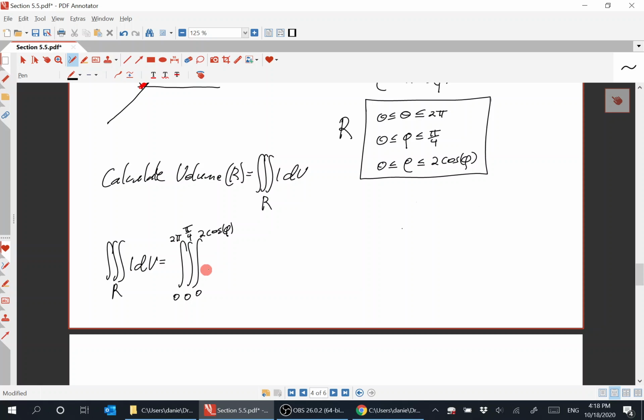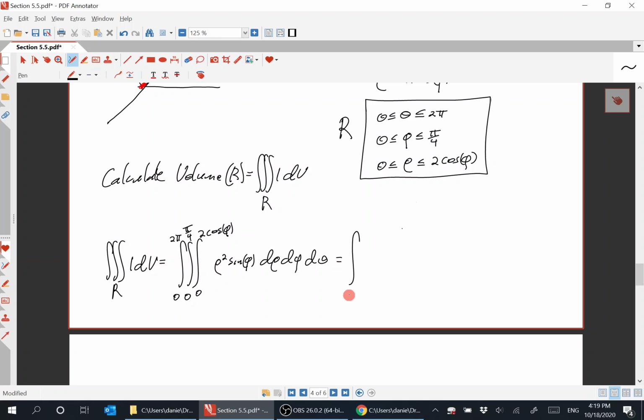And we've got 1, which is just 1, and then the correction factor is rho squared sine phi, d rho d phi, I've got phi second, theta last. D rho d theta d phi.